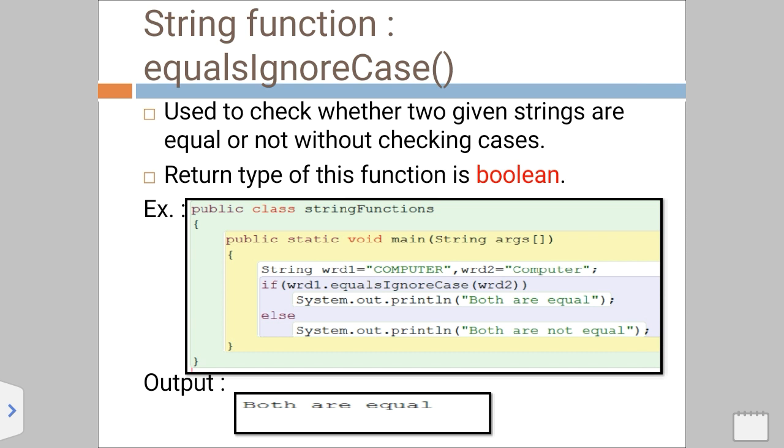In your programs, better to use equals ignore case, because it is helpful in every case. Otherwise, if you are dealing with only uppercase, then you are supposed to use equals. If you are dealing with only lowercase, then you can use equals. If you are using any of the cases, then better to use equals ignore case.